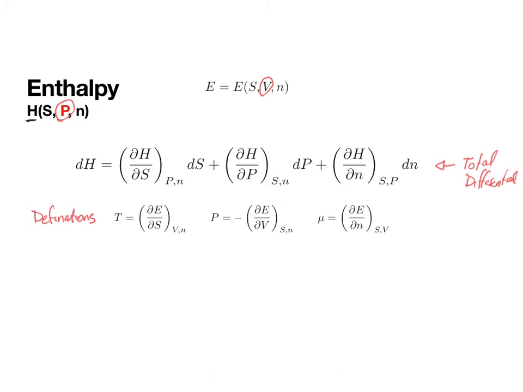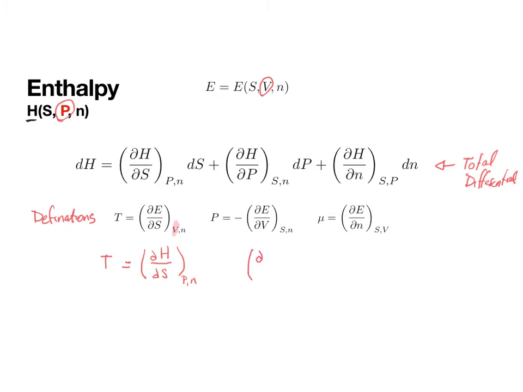But we don't want these with respect to energy. We want H, which is an energy, with respect to S, at P, and N. So we are changing this, and we know from our Legendre transforms that this is still equal to T.